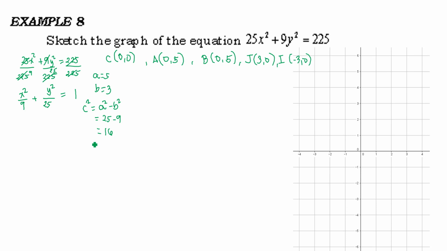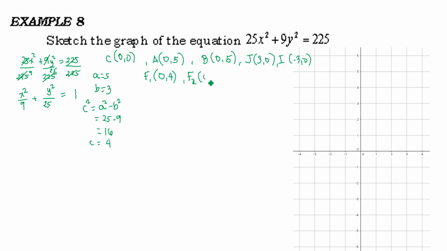Okay, therefore, the foci F1 would be 0, 4, and F2 would be 0, negative 4.